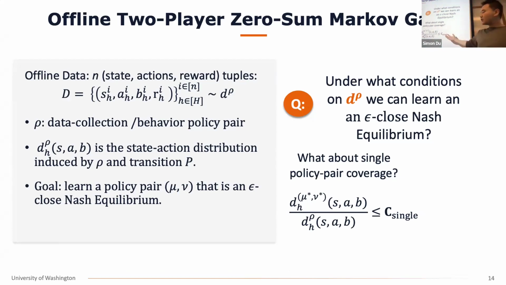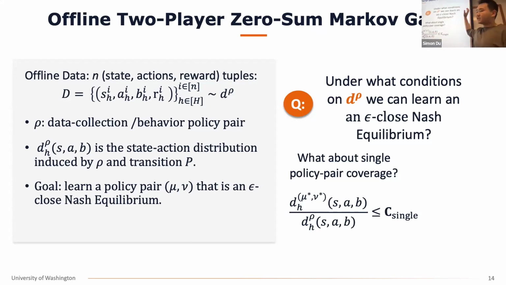Here the natural generalization is that you have a policy pair, say mu star, nu star. Let's say they are a Nash equilibrium. Given that pair, you induce a distribution, called D, and you have your own behavior policy or data collection policy pair rho.